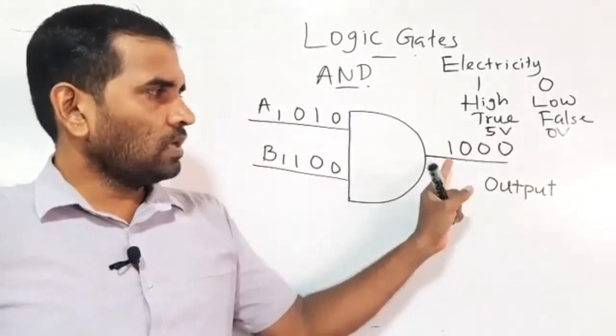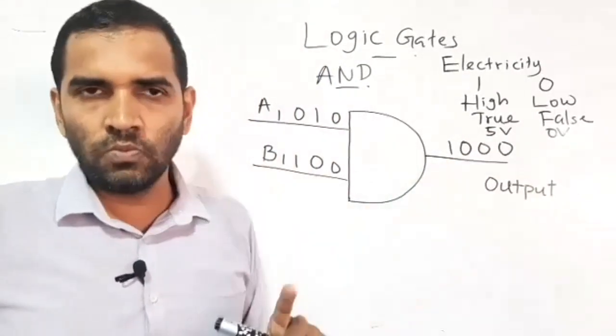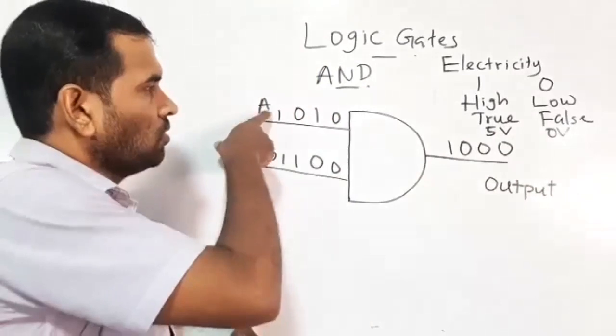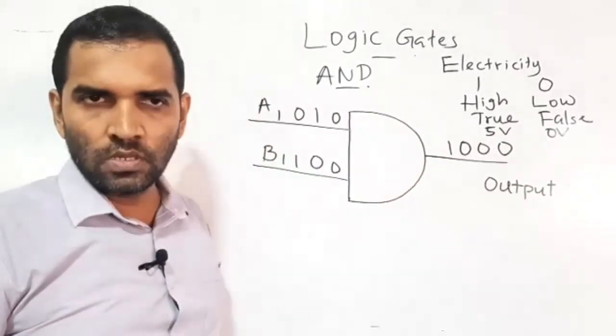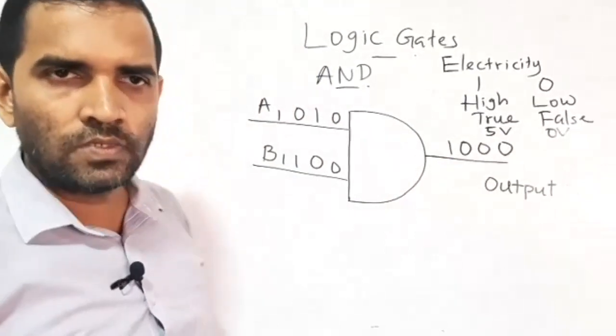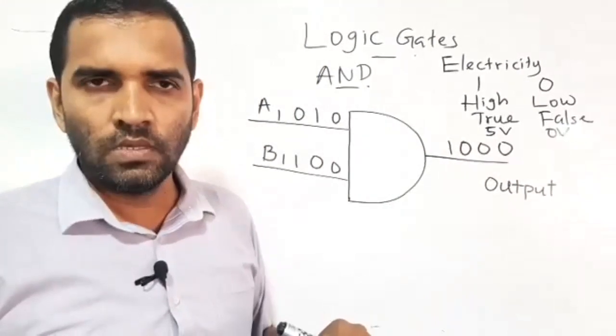So look here, only in the first instance you get the electricity as output. When both inputs are 1, you get electricity as output. But in all the other instances, you did not have any electricity.